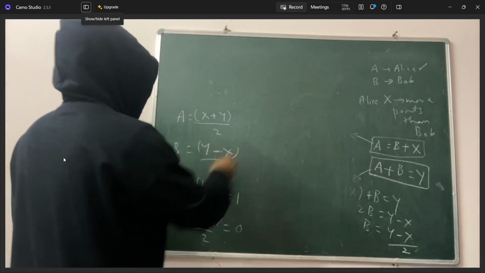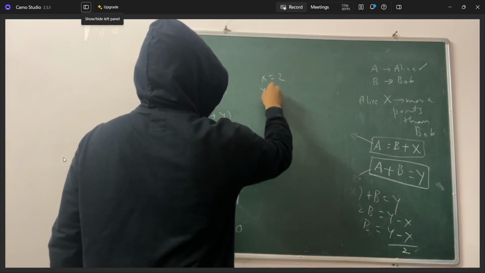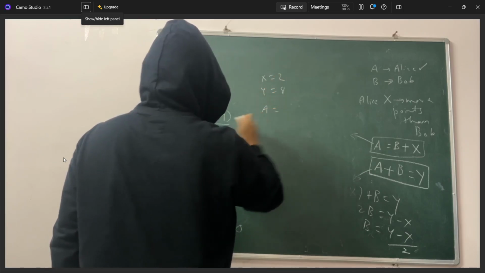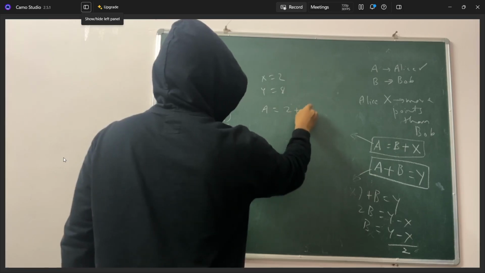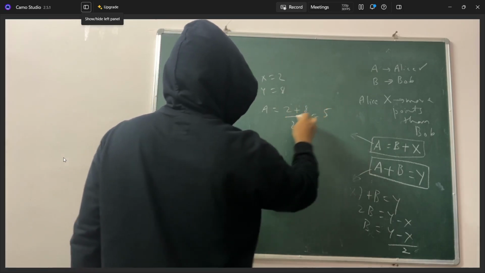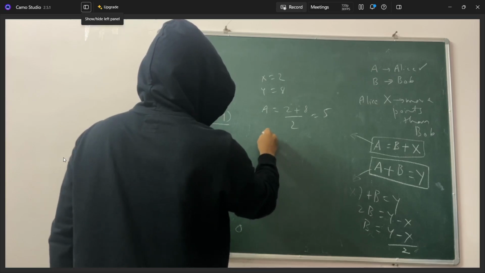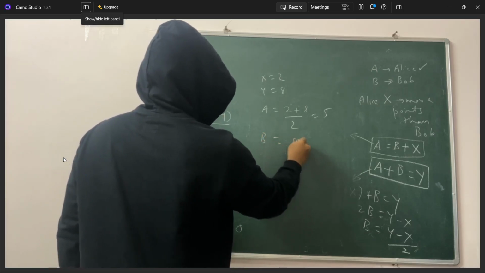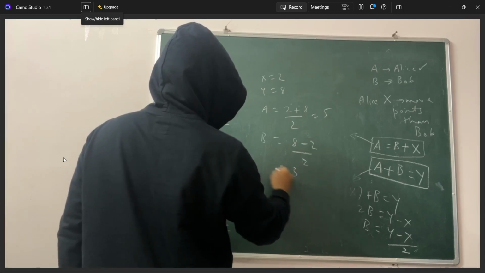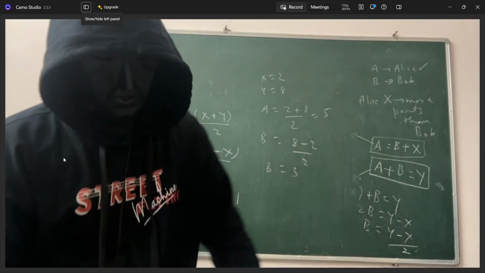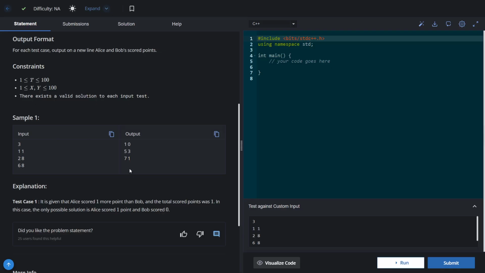In the second example, we have X as 2 and Y as 8. Alice's score is going to be (X plus Y) by 2, which is 10 by 2, which is 5. Bob's score is going to be (8 minus 2) by 2, which is going to be 3. So it is 5 and 3.